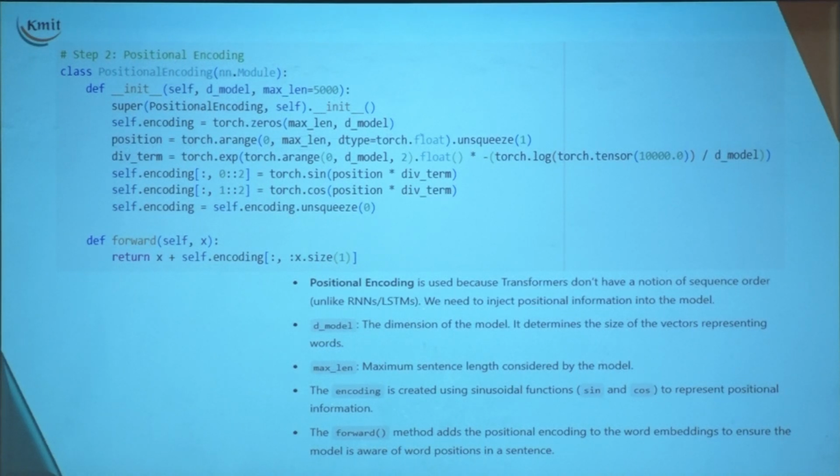Please understand this. Now what are the parameters I am passing inside that tensor? Look at that: max length comma d_model. Max length is the number of words that I have in the sequence. I love AI, so what is the max length in our sentence? 3. What is the d_model? The vector dimension for each word.